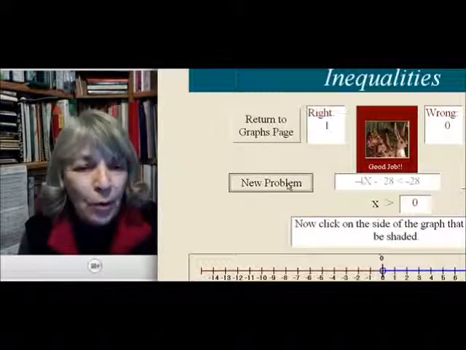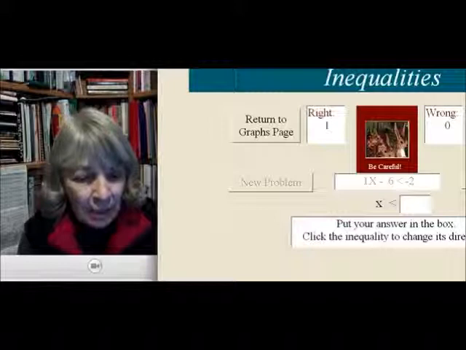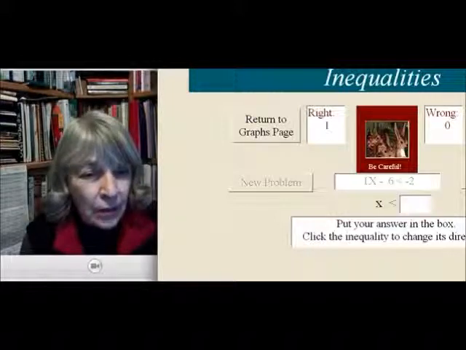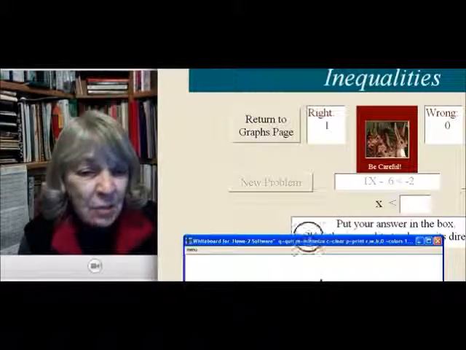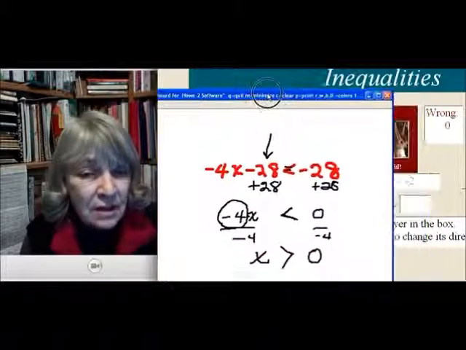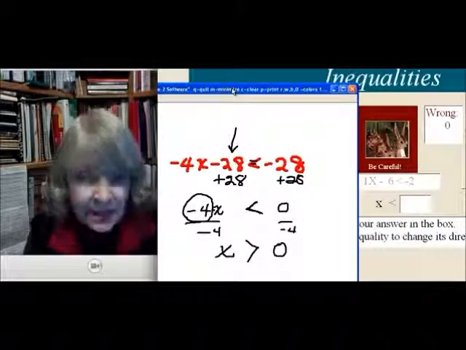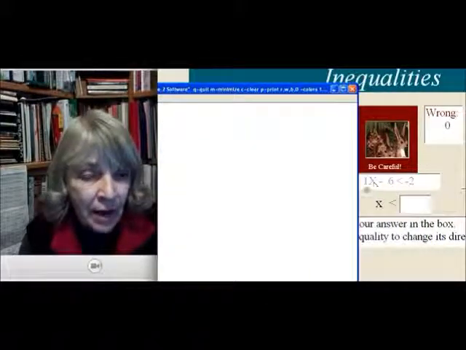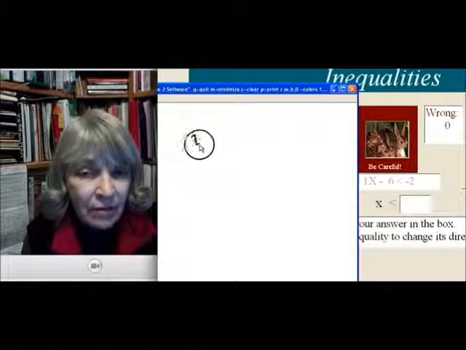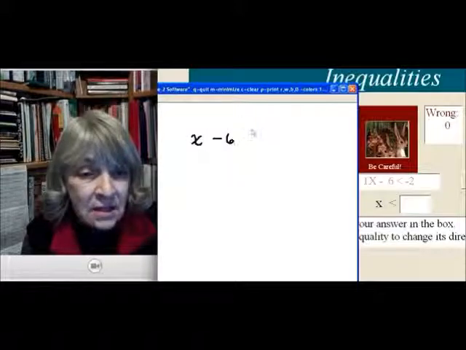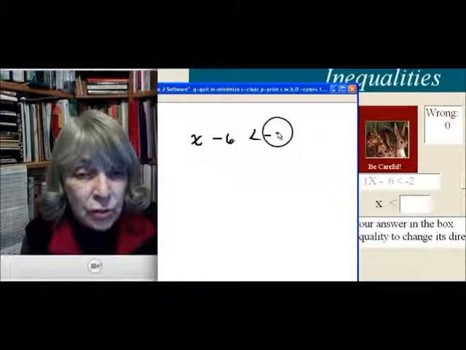I'm going to work one more problem. This time I can see right off that I'm not going to end up dividing by a negative. I've got just a plain old x. x minus 6 is less than negative 2.